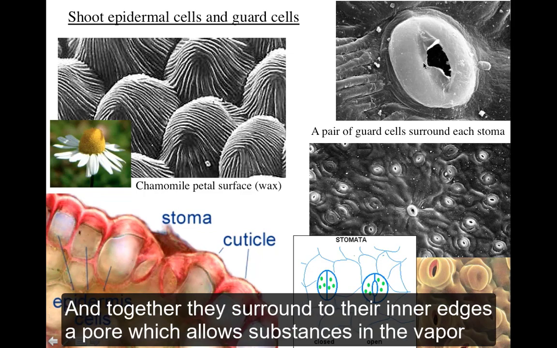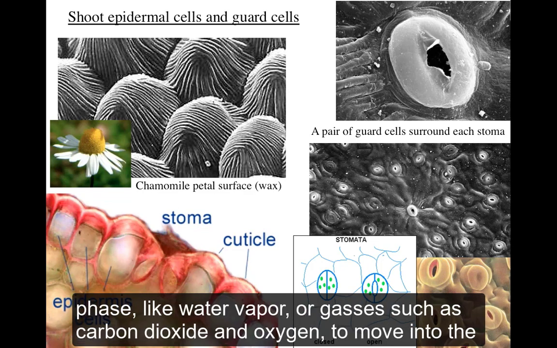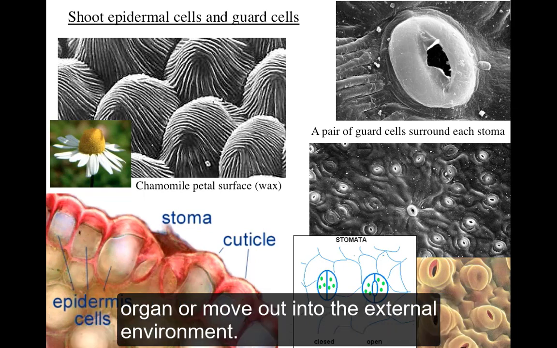And together they surround to their inner edges a pore which allows substances in the vapor phase, like water vapor, or gases such as carbon dioxide and oxygen, to move into the organ or move out into the external environment.